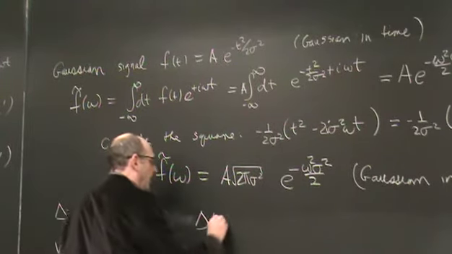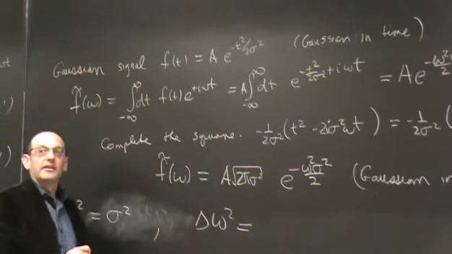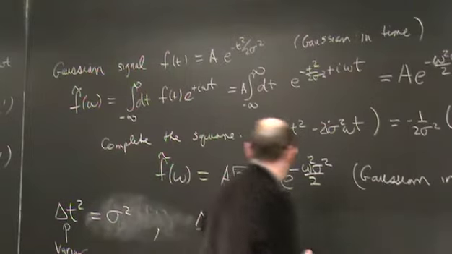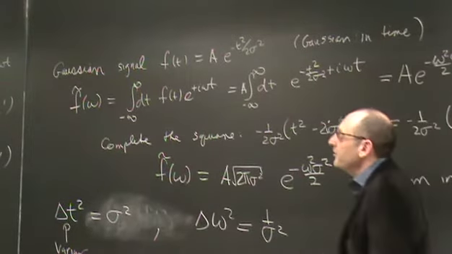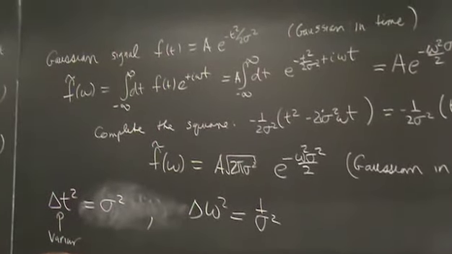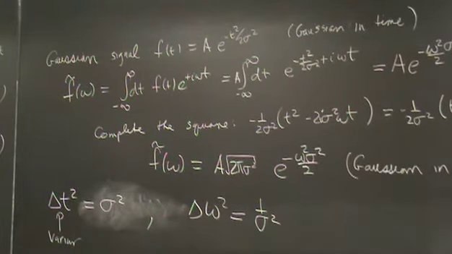What is the spread in frequencies, or the variance in frequencies, if I were to normalize this? 1 over sigma, 1 over sigma squared. That's indeed right. Of course, this is a minimum uncertainty wave packet by the Fourier duality. Okay, very simple stuff that I'm sure you've seen many times. Just wanted to remind you.